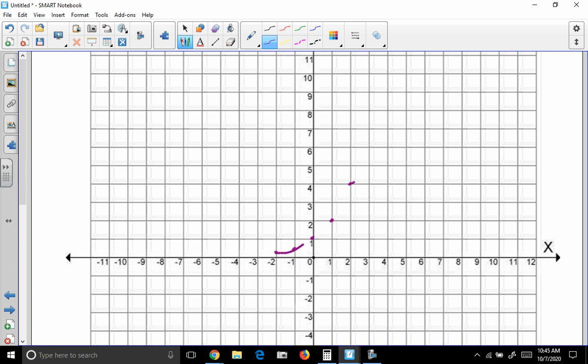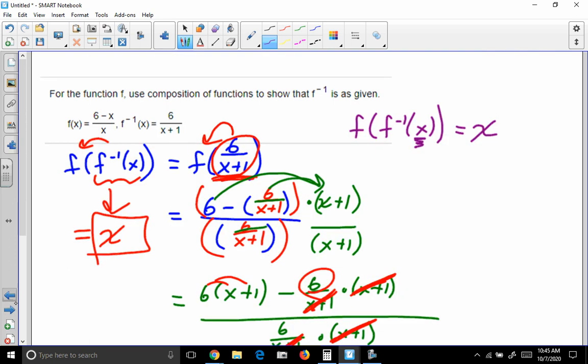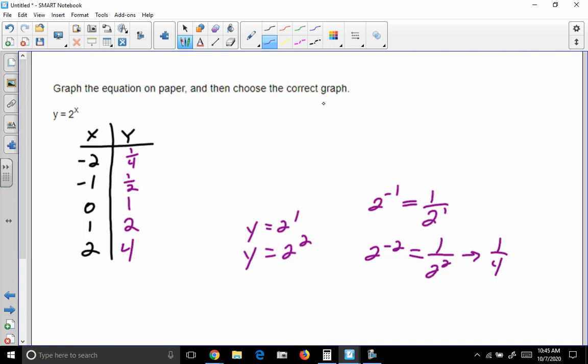As we go to the right, our graph is getting steeper and steeper and steeper. But as we go to the left, we're not actually going to cross the x-axis. We actually have a horizontal asymptote there. If we think about plugging in a number like negative 10, if we try to find y when x is negative 10, that's 1 over 2 to a big power. That's going to give us a really, really small amount, but it's still going to be positive.